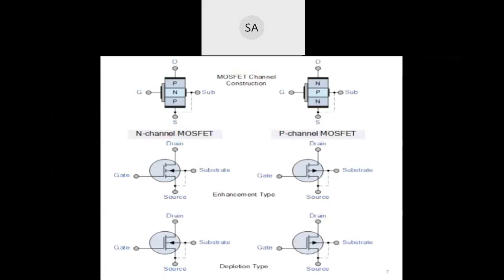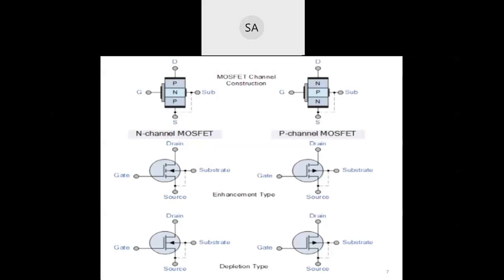These two P regions act as source and drain. A thin layer of SiO2 is grown over the surface of the entire assembly. Holes are cut into the SiO2 layer for making the contacts with the P source and drain regions.